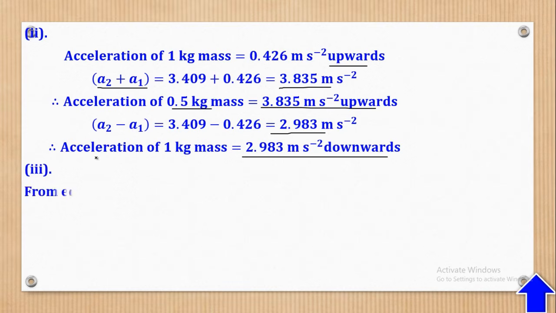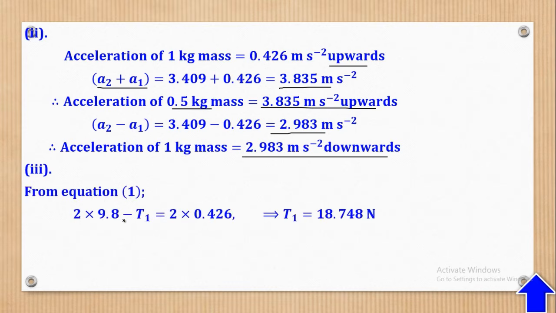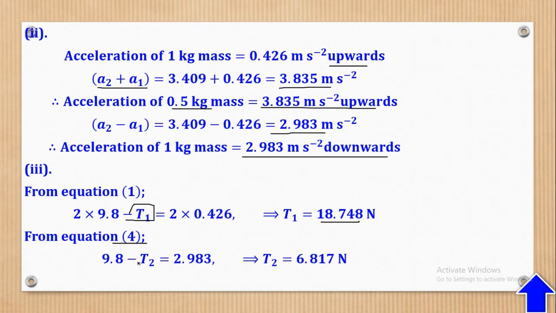Now I'll go to Roman 3. From equation 1, when I substitute, I remain with only T1, which is the only unknown. Therefore T1 will be equal to 18.748 newtons. What about when I substitute into equation 4? From equation 4, I'll come and substitute and remain with T2 as the only unknown.